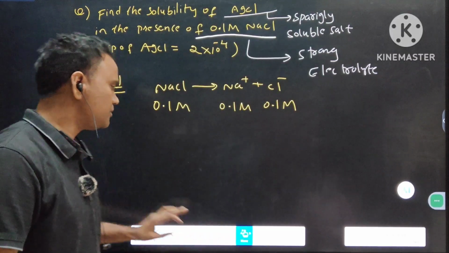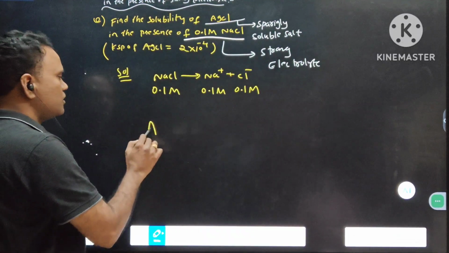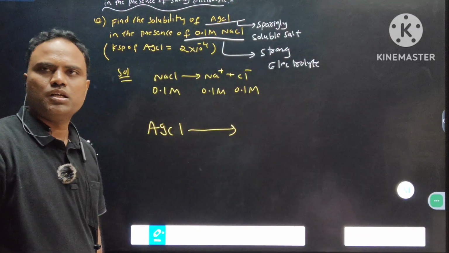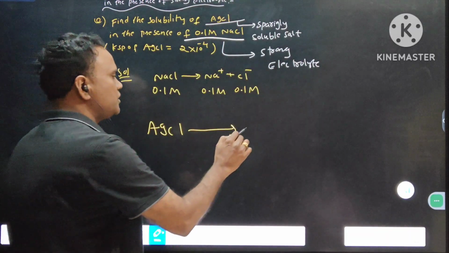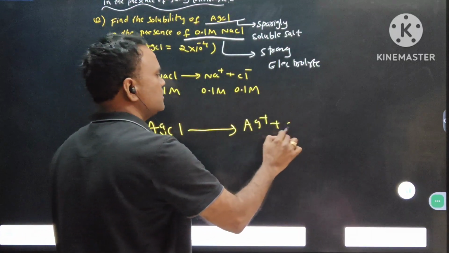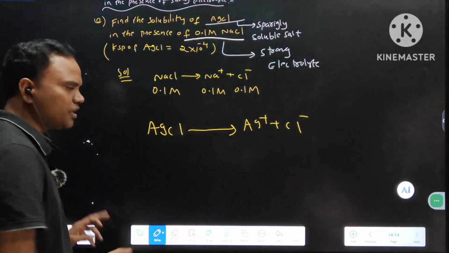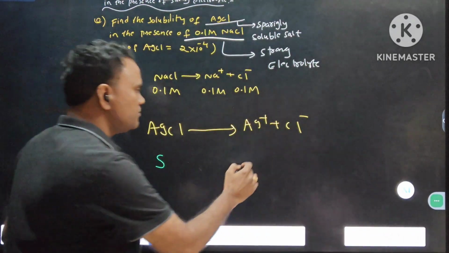Right. Next, coming to the sparingly soluble salt, AgCl. First we wrote the dissociation of the strong electrolyte, after that the dissociation of the weak electrolyte. AgCl gives rise to Ag plus and Cl negative. Now consider the solubility we are going to find as S.